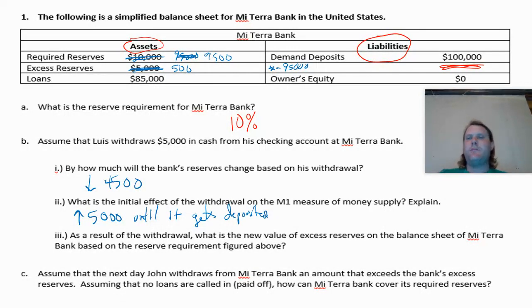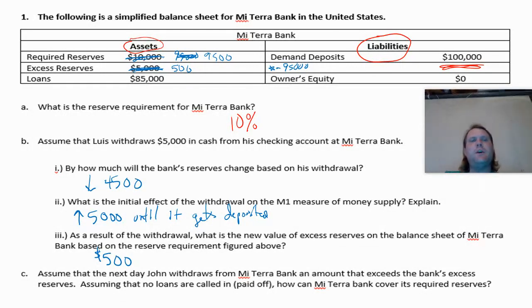Simple concept. You just got to remember those definitions of M1 money. As a result of that withdrawal, what is the new value of excess reserves on the balance sheet of Terra Bank based on the reserve requirement figured above? Our excess reserves, we've already figured that out. It's $500.